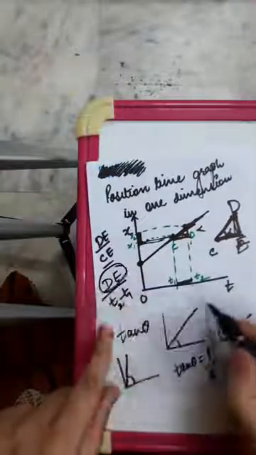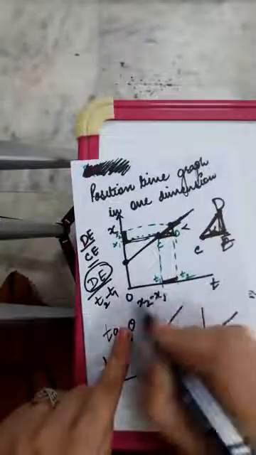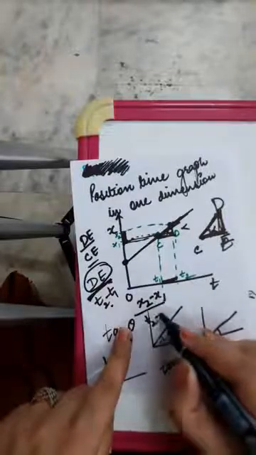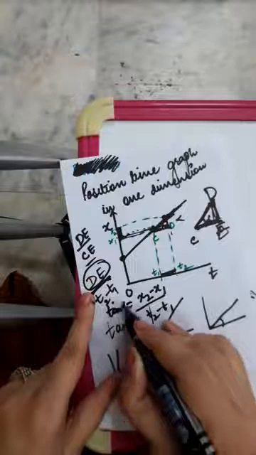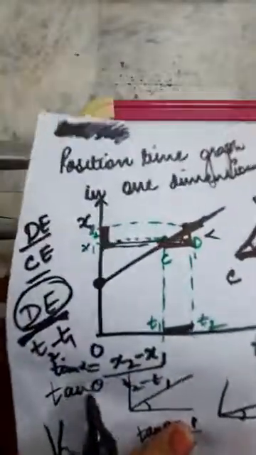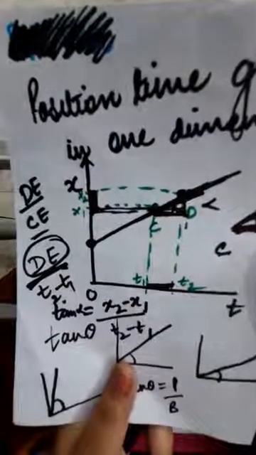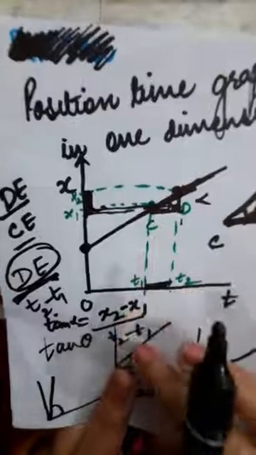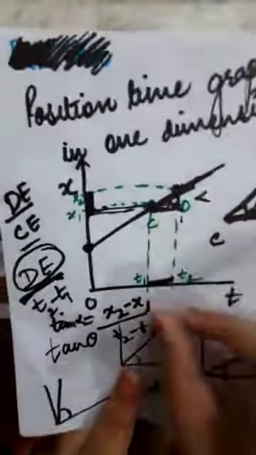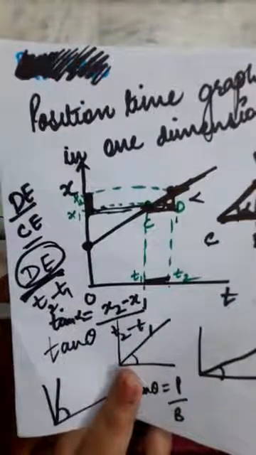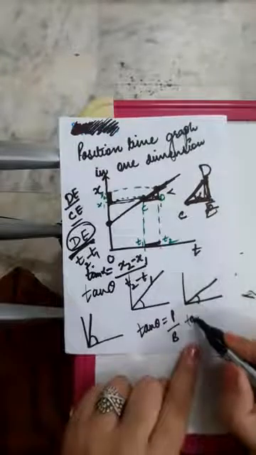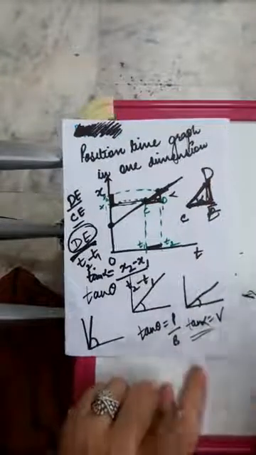In place of DE, I am going to write x2 minus x1, upon t2 minus t1, and this is equal to tan alpha. So tan alpha is equal to x2 minus x1 divided by t2 minus t1. But x2 minus x1 is the displacement in this small time period, and displacement per unit time is nothing but velocity. So tan alpha is equal to velocity, but tan alpha is the slope.